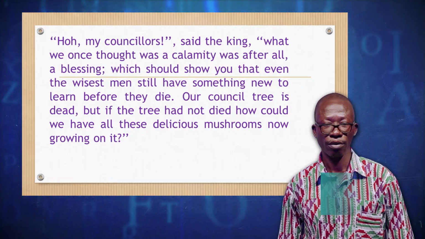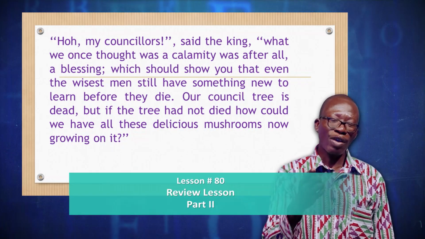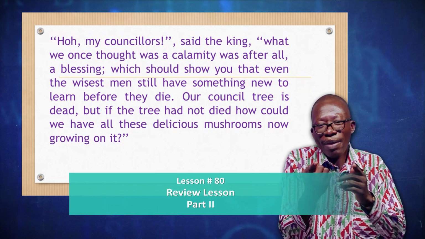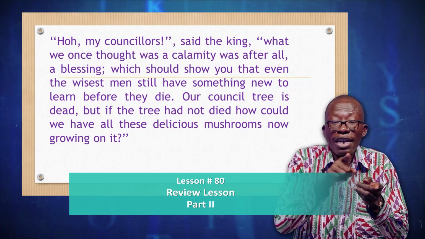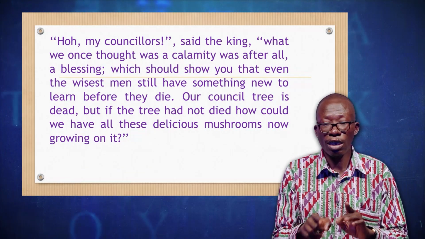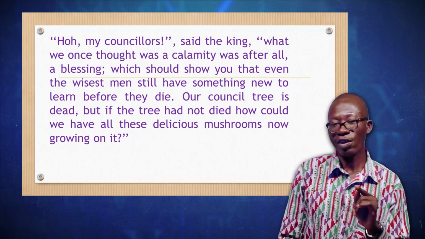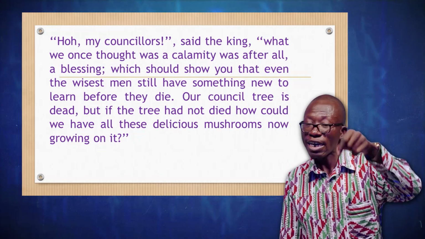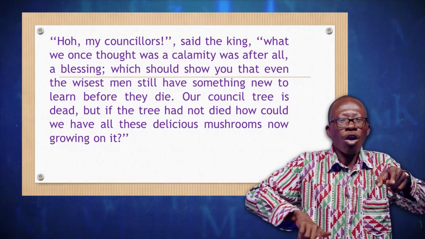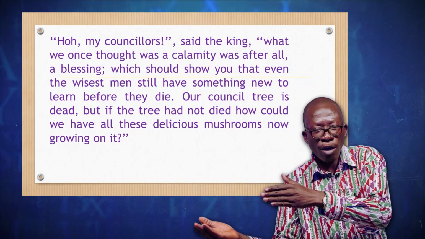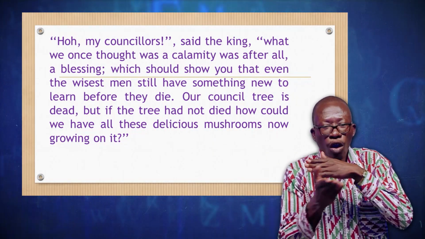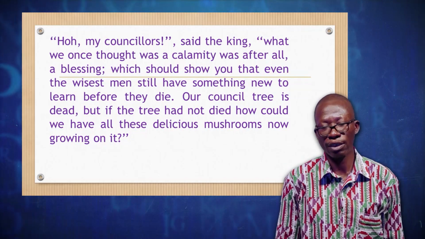A question. But because we have a condition there, we have a dependent clause that begins with a condition: if. So if there is a dependent clause, it gets its complete meaning from the main clause. How could we have all these delicious mushrooms now growing on it?